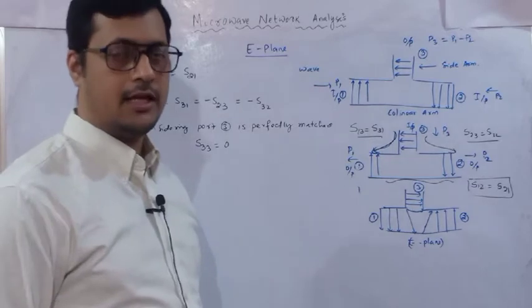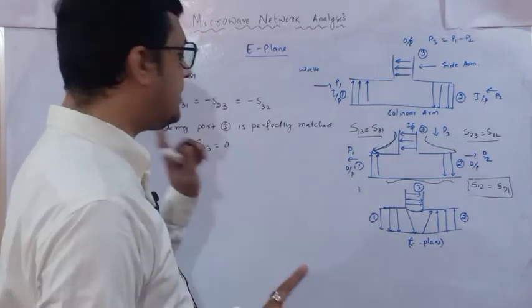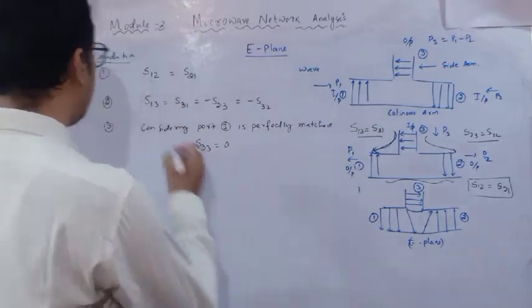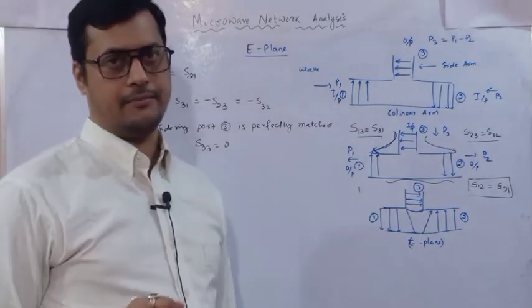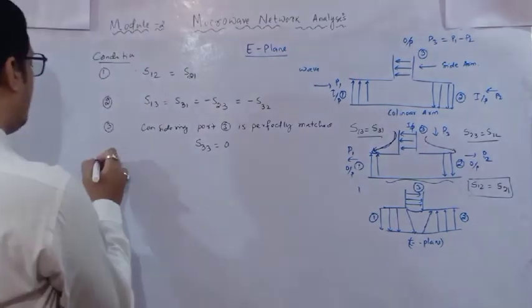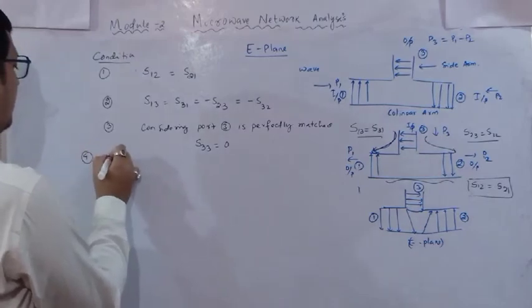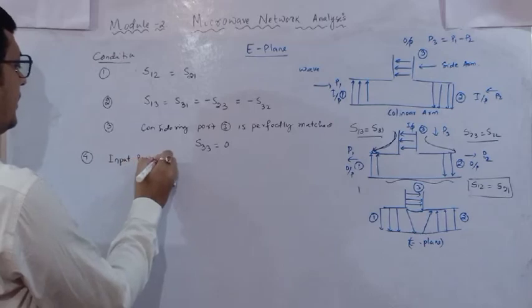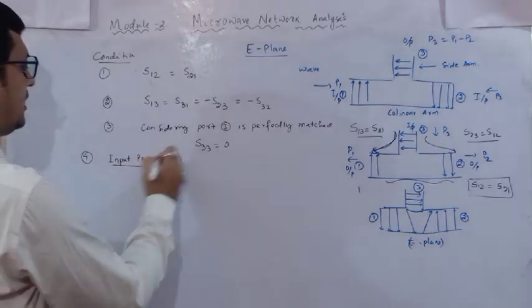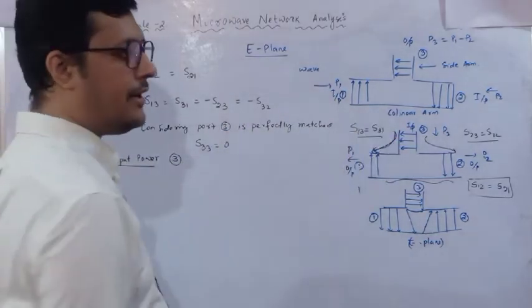Reflection coefficient. If it is perfectly matched, S33 is 0. So this is the third condition. So using this condition we have to identify. Now, where we are providing input power, fourth point, input power is provided at port 3. At port 3 we are providing the power.